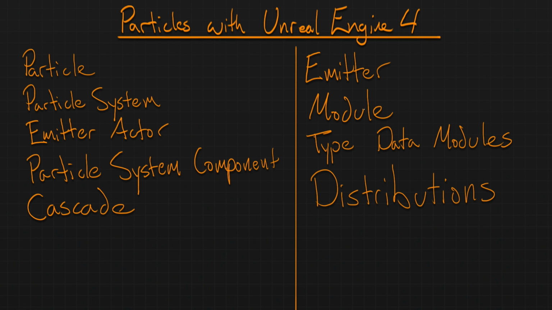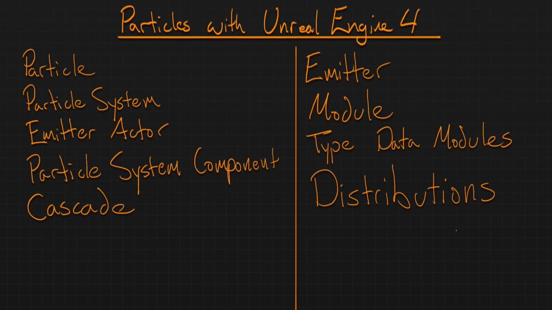So modules go into emitters. Type data modules are special types of modules that control what kind of particle you want to create. Do you want to create a GPU sprite particle? Do you want to create a mesh particle? Do you want to create a beam particle? That sort of thing.